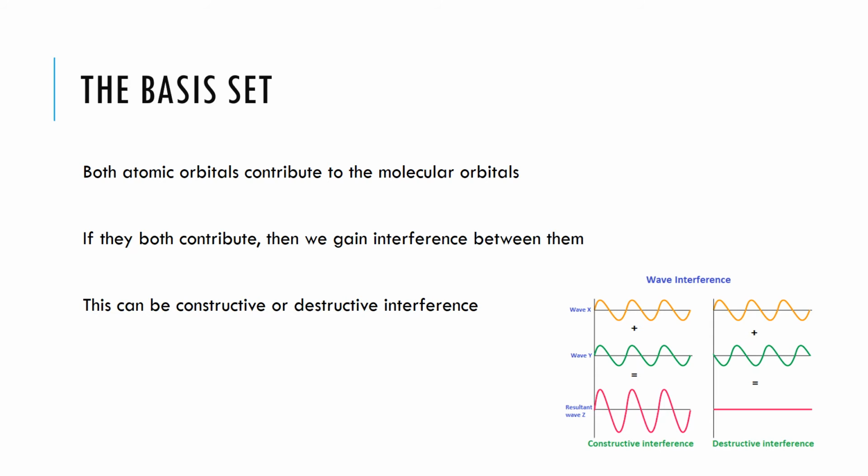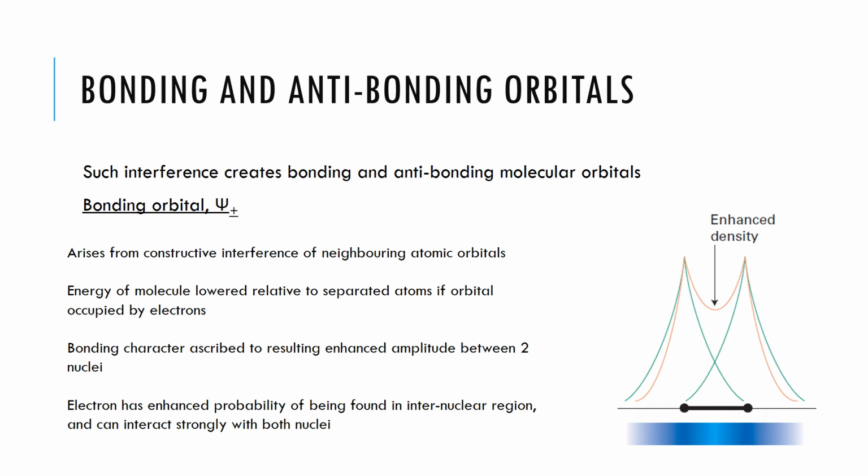Remember, these are wave functions, so they have amplitude. Now, when two orbitals overlap and they interfere, this interference creates bonding and anti-bonding molecular orbitals.